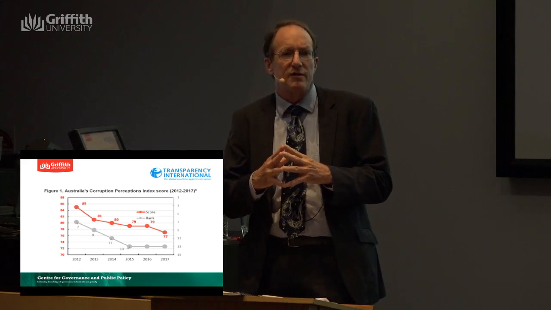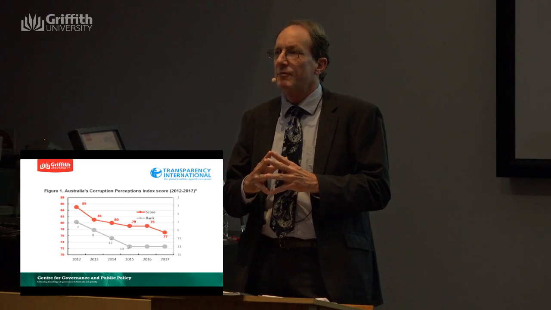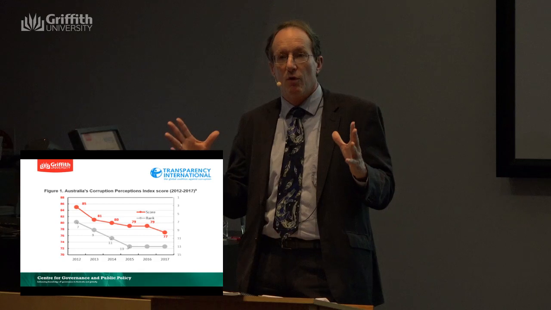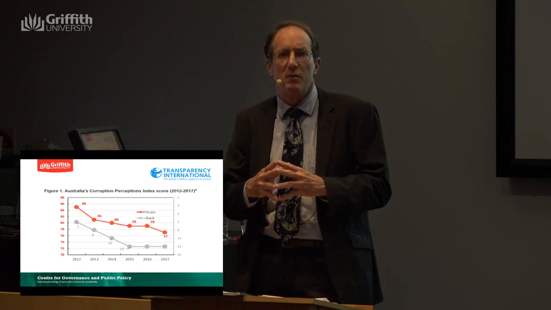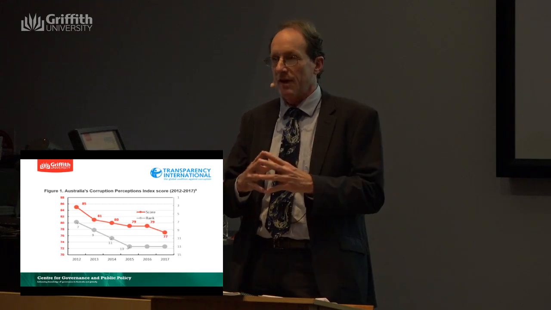So we get to see a big landscape of corruption and corruption risks and corruption responses from all around the world that can inform our assessment of how Australia is travelling, where we stand.